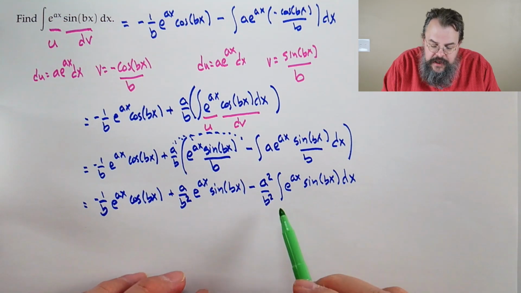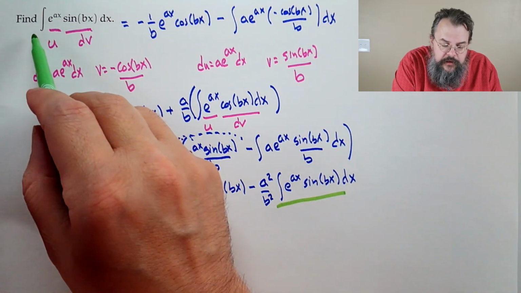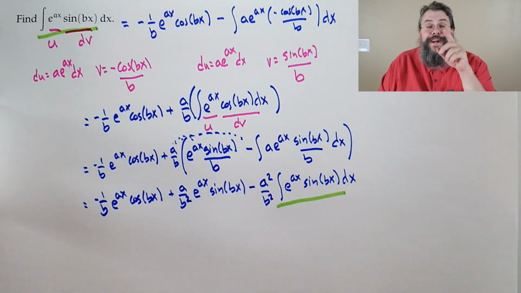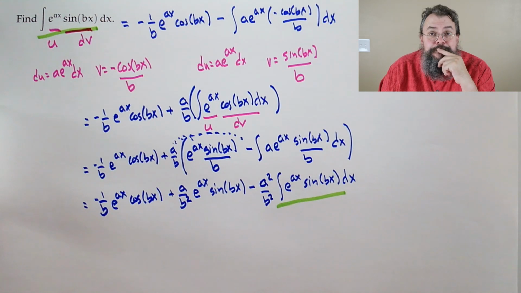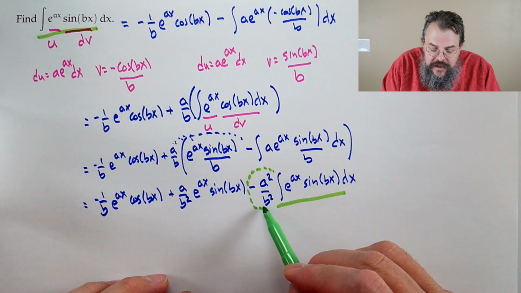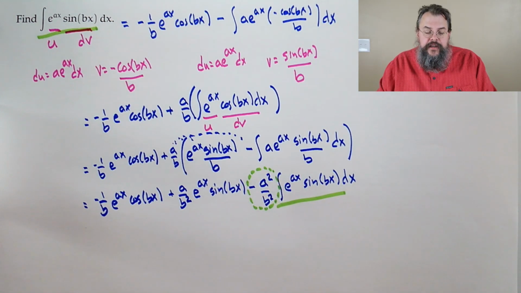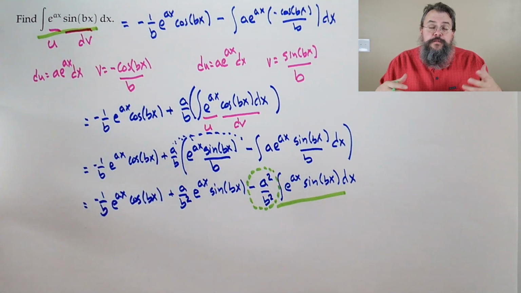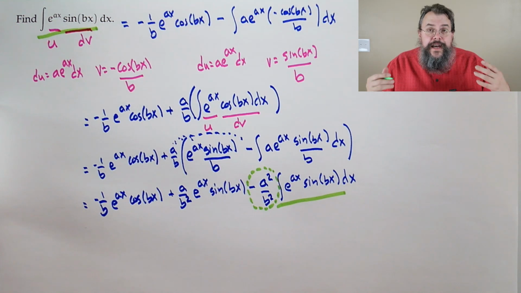This part looks similar to this part, but they're actually not the same because of this coefficient. So it's not the case that they would cancel if we were to move things across. They'd actually combine.